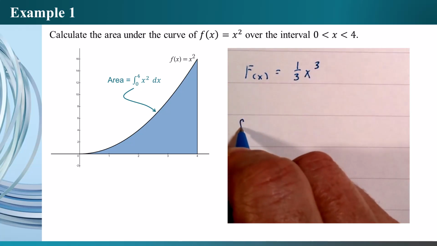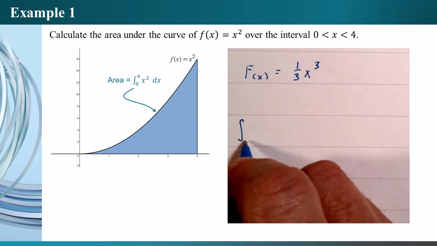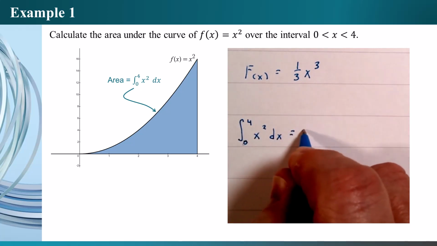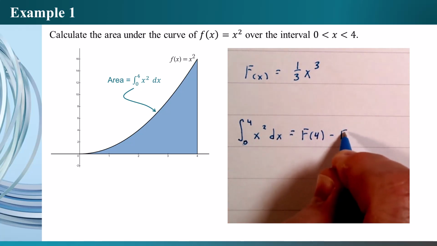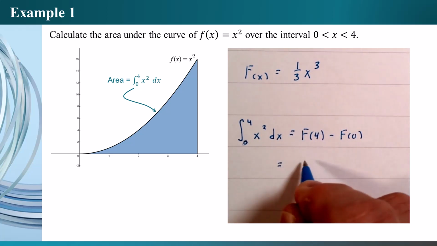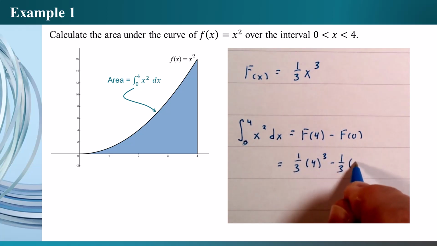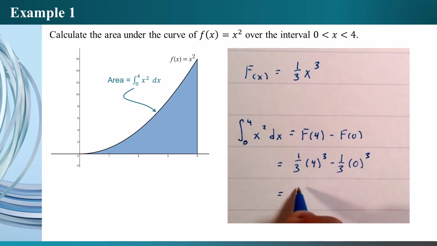So by the fundamental theorem of calculus, the definite integral from 0 to 4 of x squared dx is equal to capital F of 4 minus capital F of 0, which is 1/3 times 4 cubed minus 1/3 times 0 cubed, which gives us 64 over 3, or 21.333. Note how this agrees with the answer we found previously.